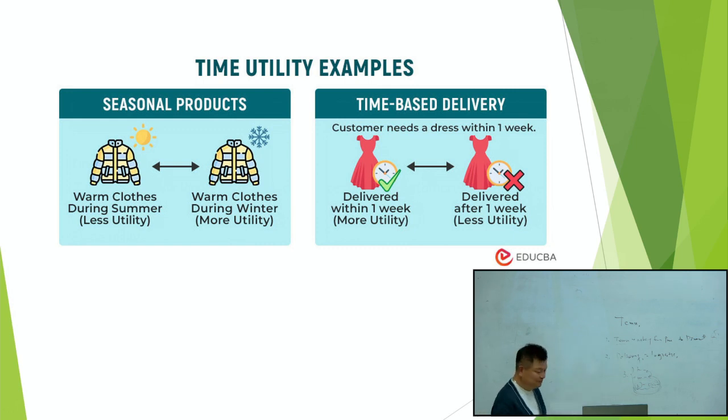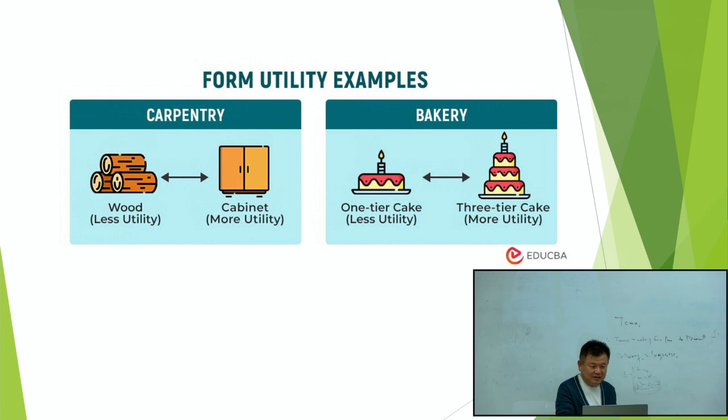For example, form utility is used to make a cabinet from wood. At the seashore, the analysis or something.